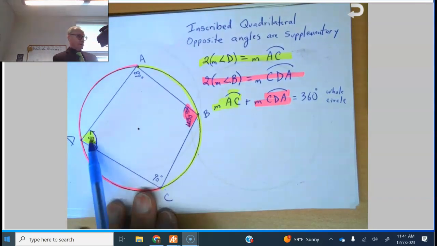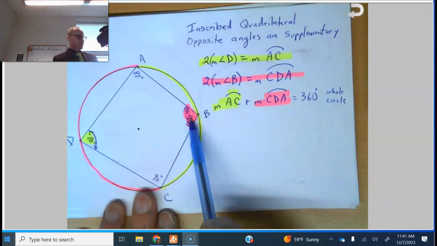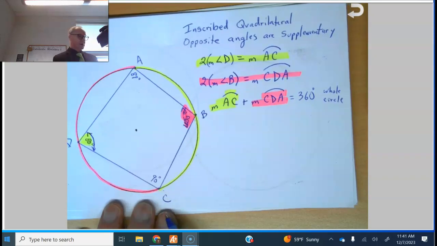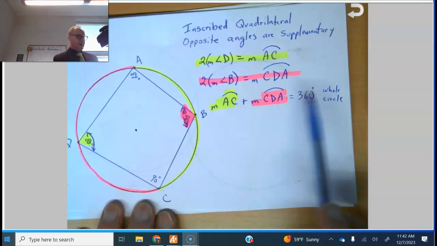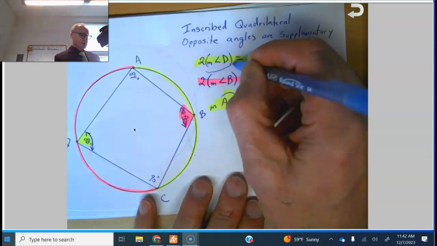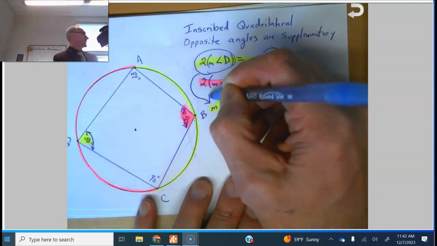First step, the angle doubled gives you the arc. This angle doubled gives you the rest of the arc, the rest of 360. When I add the arcs together, I get 360. And I'm going to do substitution now.